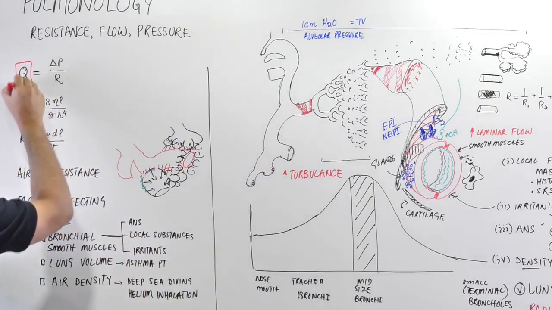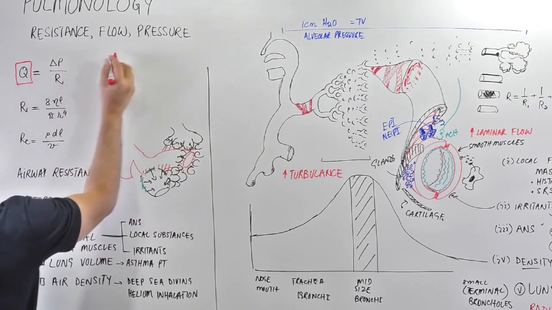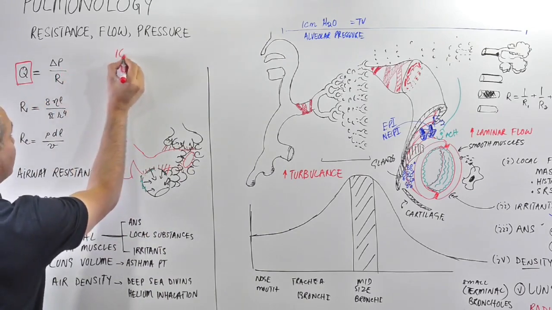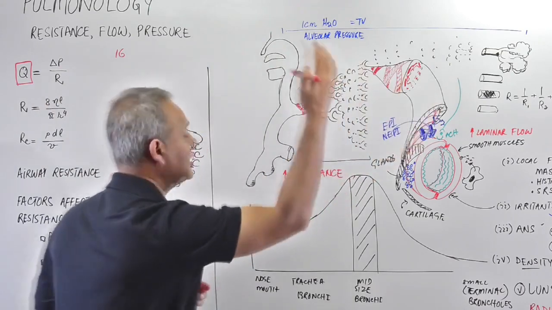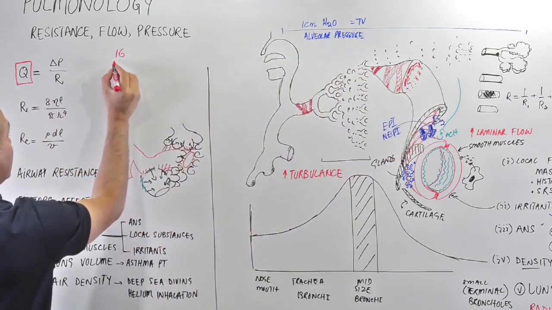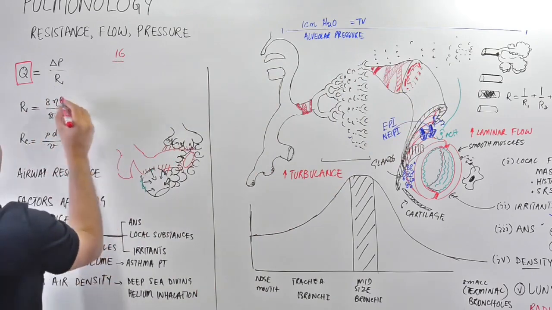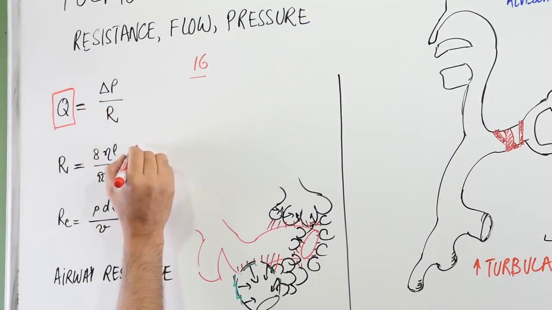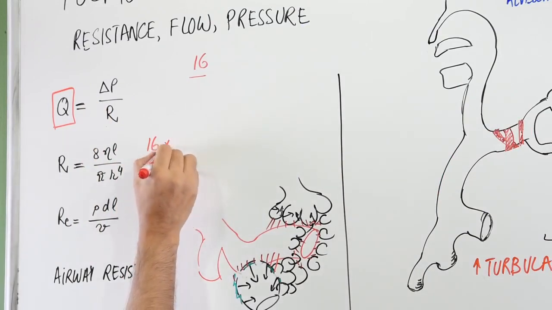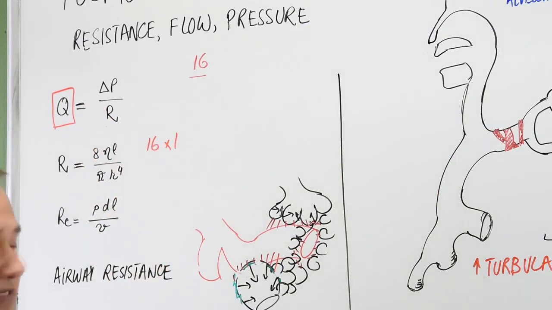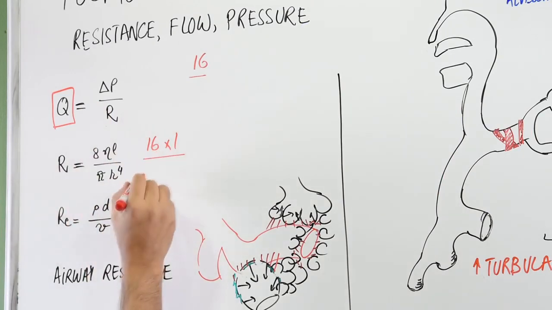So this is the flow, pressure and resistance. An important thing to note here: let me do a quick math for you. Imagine a patient with a pressure gradient of 16. Let's calculate the resistance separately. Let's say the patient has an air density of 16, the length of the tube is 1 centimeter, and we ignore 8 and pi, as they are constants.